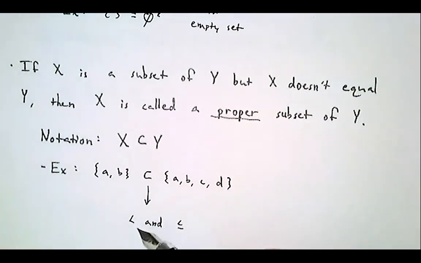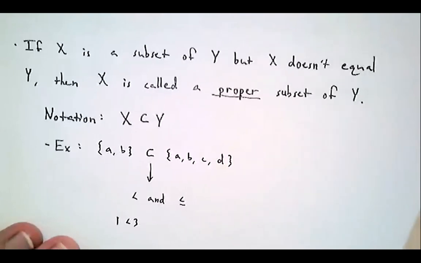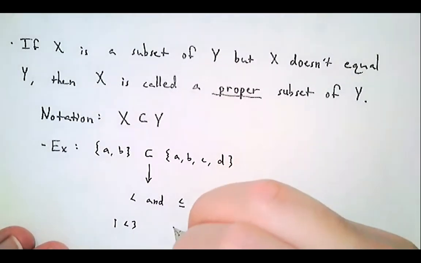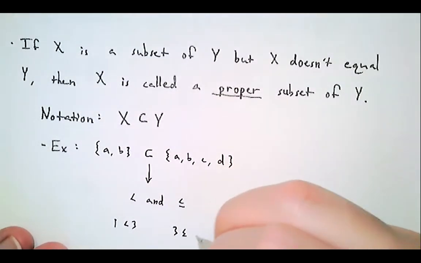So you might remember that this one means strictly less than, and this other symbol means that there's a possibility that the two numbers could be equal. Like 1 is less than 3, but 3 is less than or equal to 3.